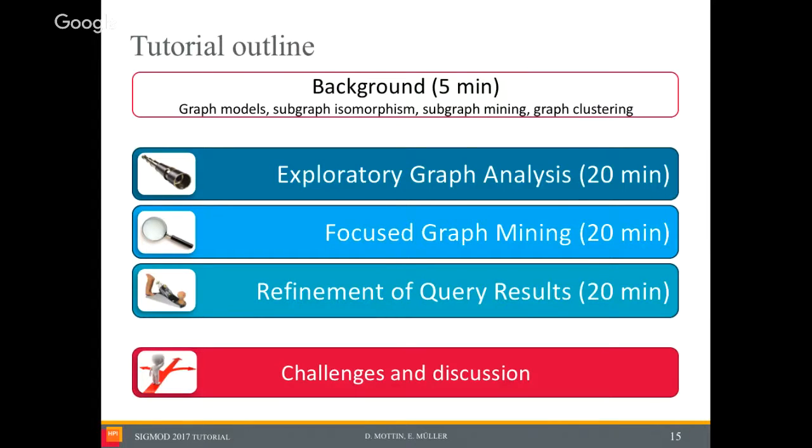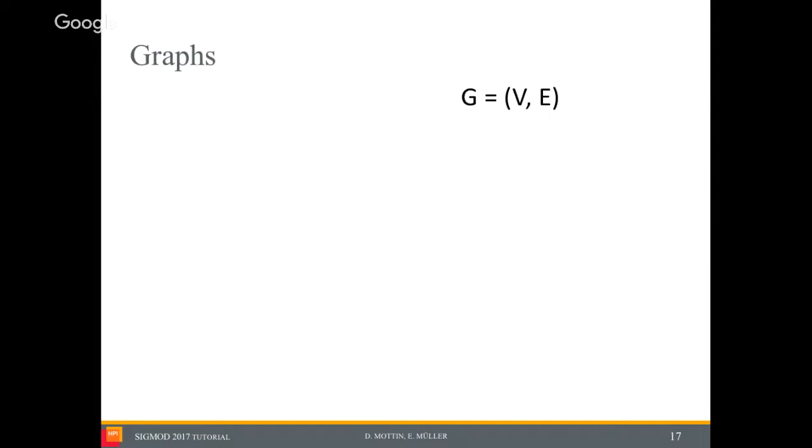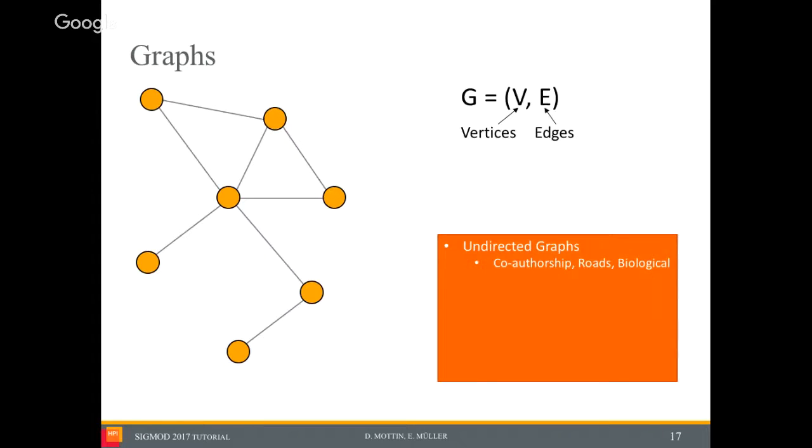I will just quickly go through the background. I guess almost all of you are aware of these concepts, but just to recap. A graph is usually a pair: a set of nodes and a set of edges, which is a set of pairs of nodes.